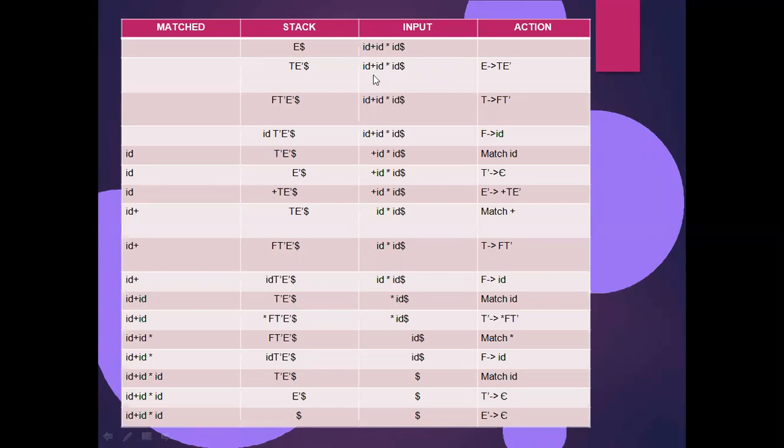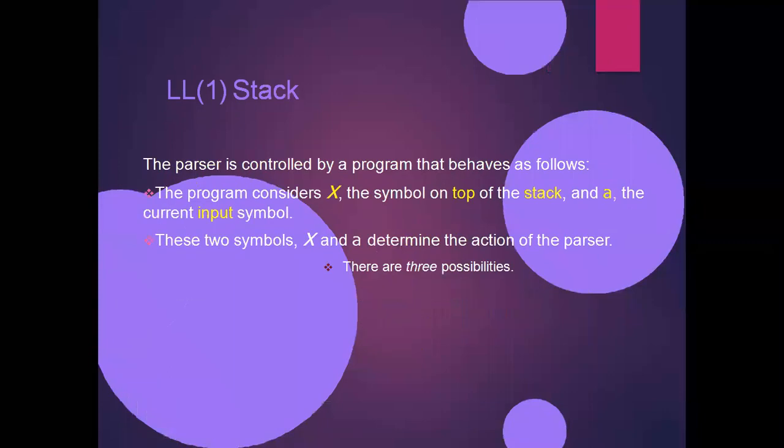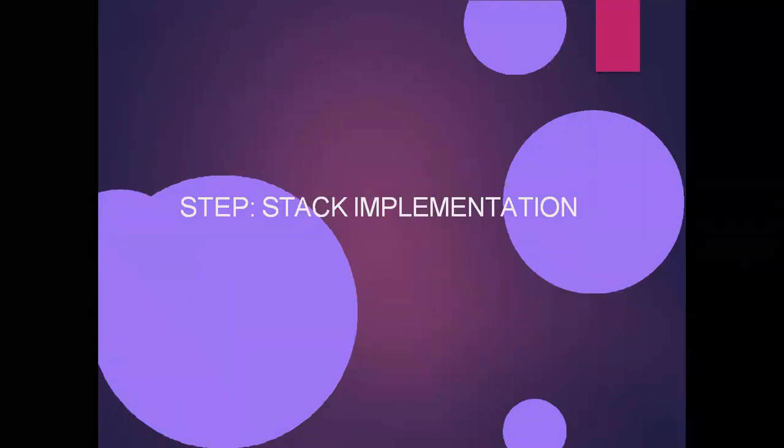In the slide it was not there, so just imagine it. That means I am scanning my input from left to right. Now my look ahead is at id. So move M of E comma id, M of E comma id. See in the table.